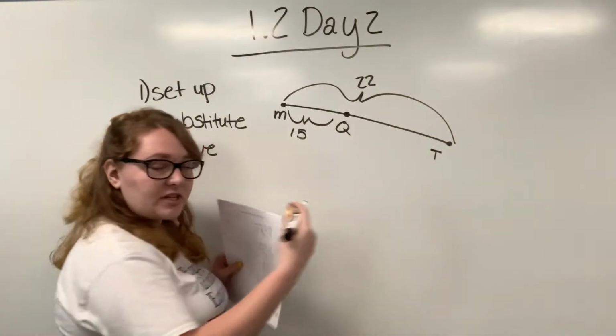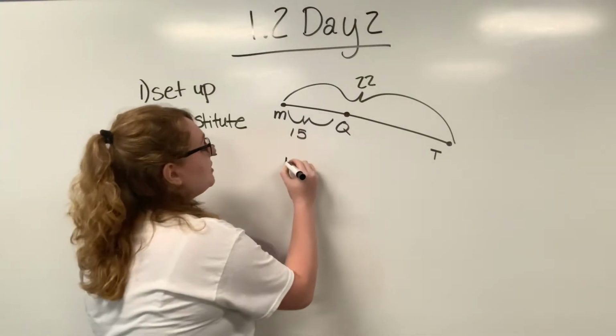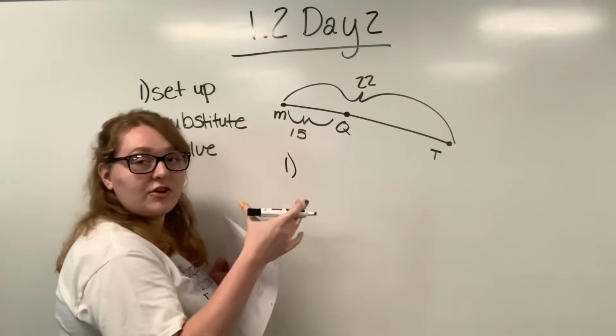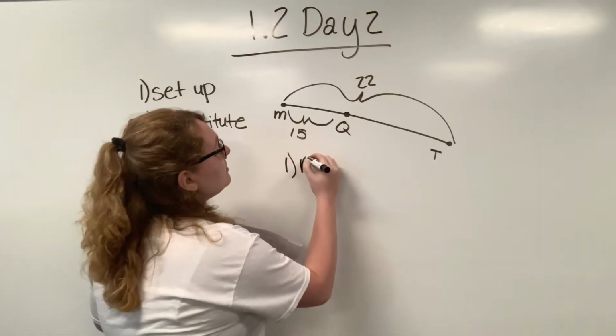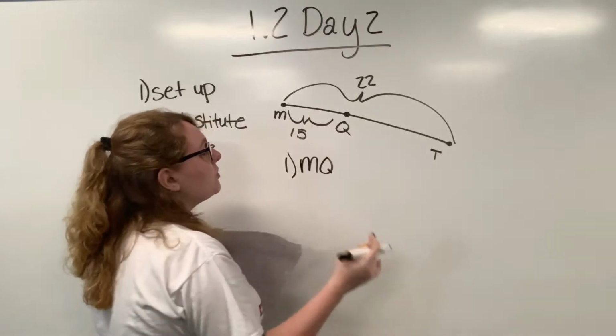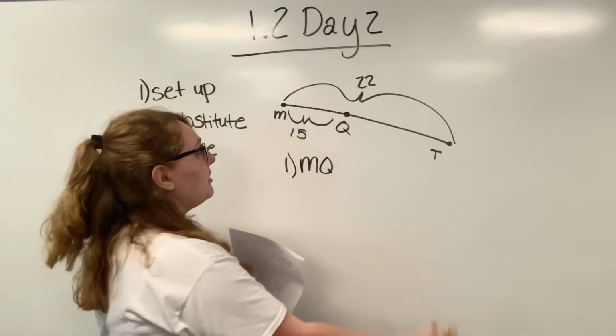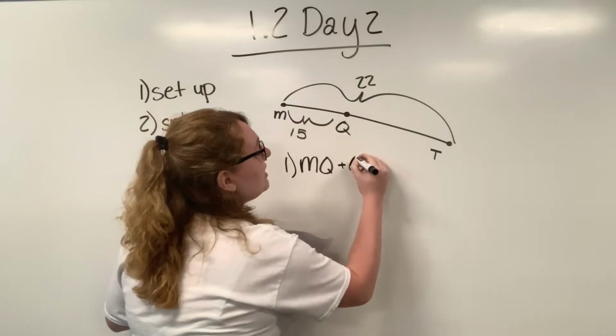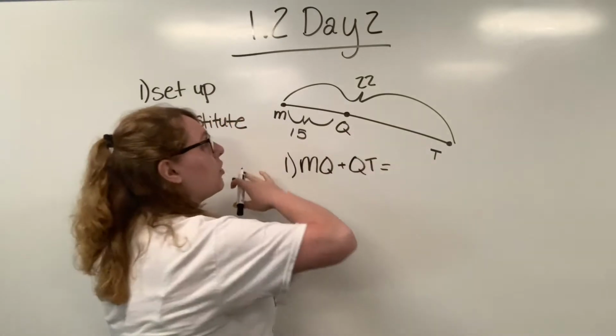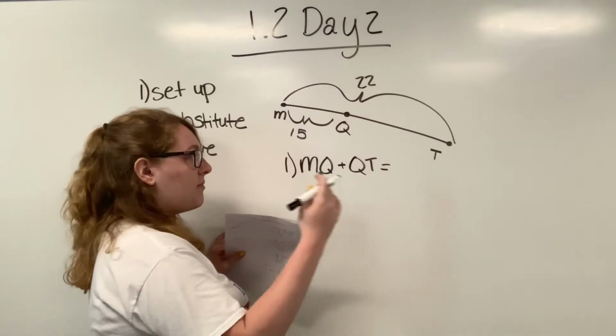So, first thing we have to do is we have to set up, just like the segment addition postulate would tell us. First chunk plus second chunk equals whole thing. So, the distance between M and Q, which we're talking about the distance, that's why I'm not putting a line, plus the distance between Q and T equals the whole thing, the distance between M and T.